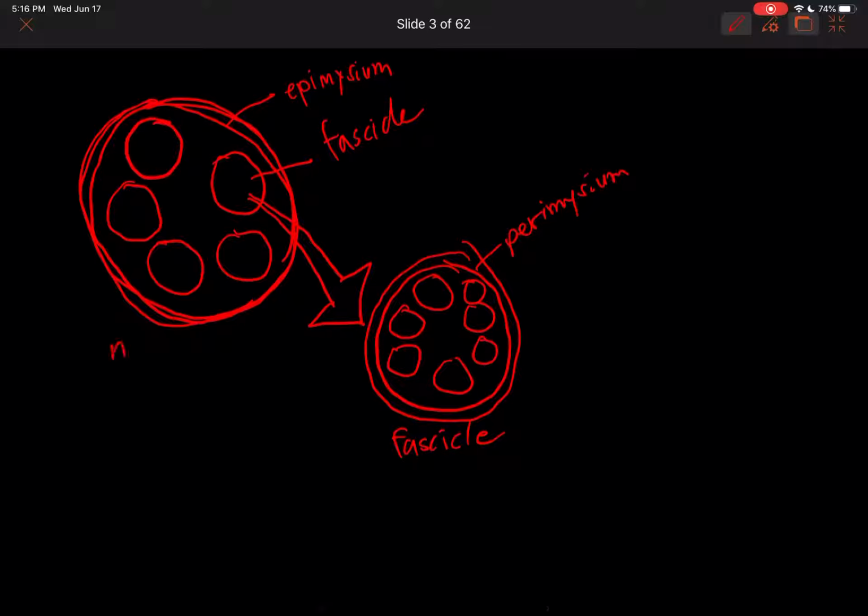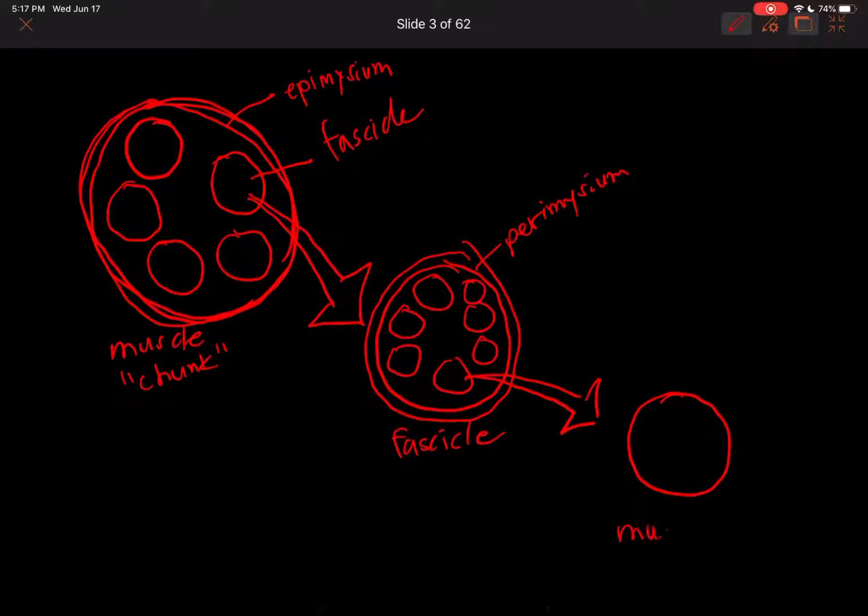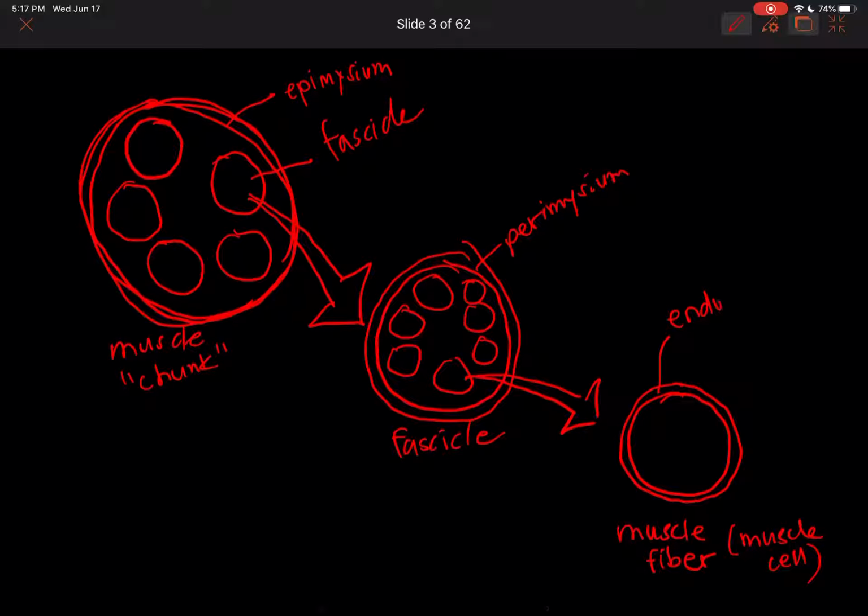This is a muscle chunk. And then if we take out one of those muscle fibers, so now this is a muscle fiber, which is equivalent to one muscle cell. You have another layer around it that protects it called endomysium.